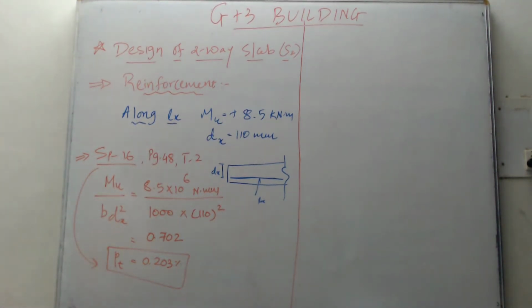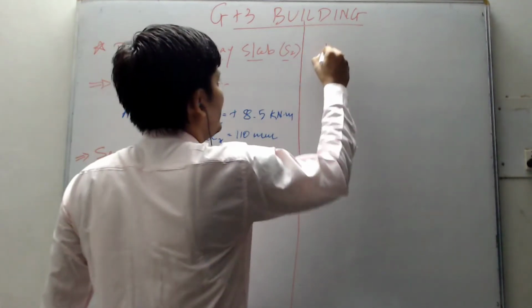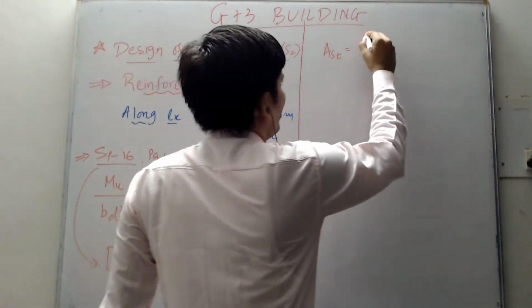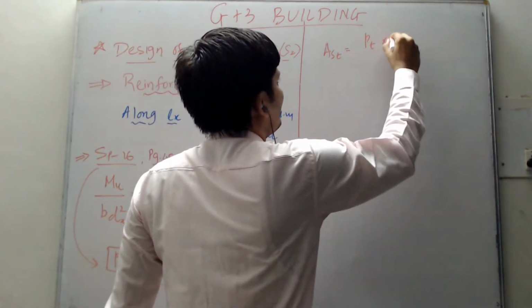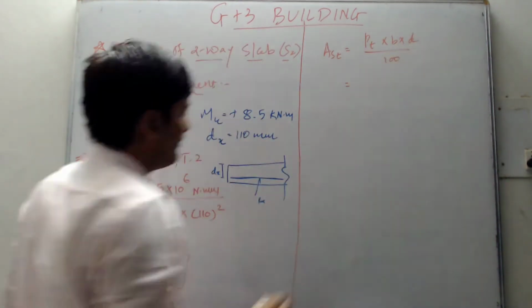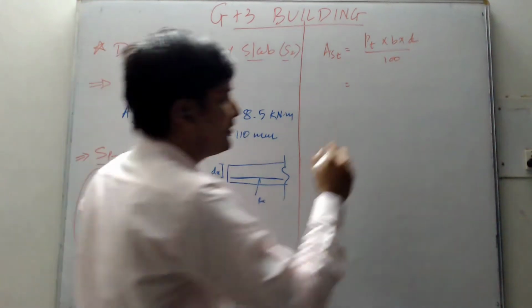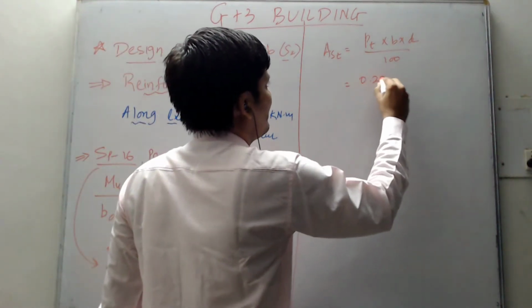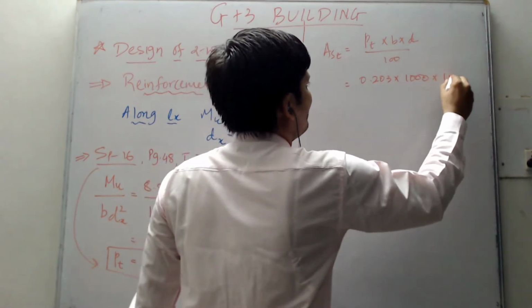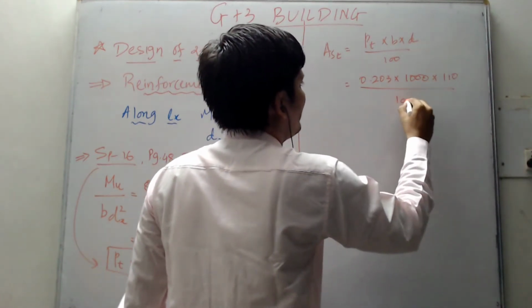After getting the PT value, next we need to find out Ast, right? The formula for Ast is PT multiplied by b multiplied by d divided by 100. The PT value is already here, 0.203, multiplied by b which is 1000, multiplied by d which is 110, divided by 100.